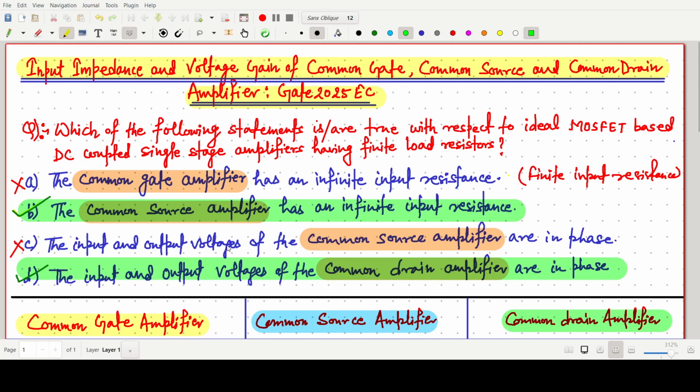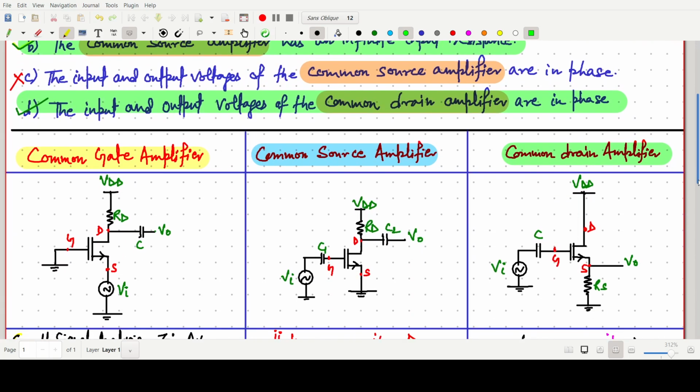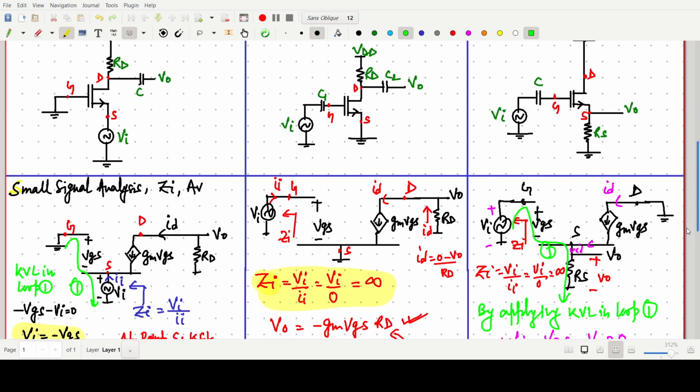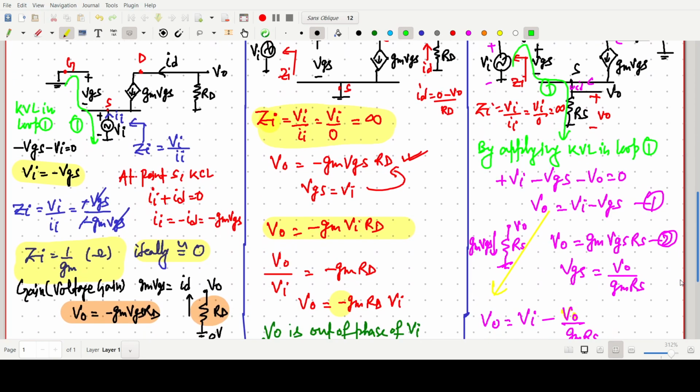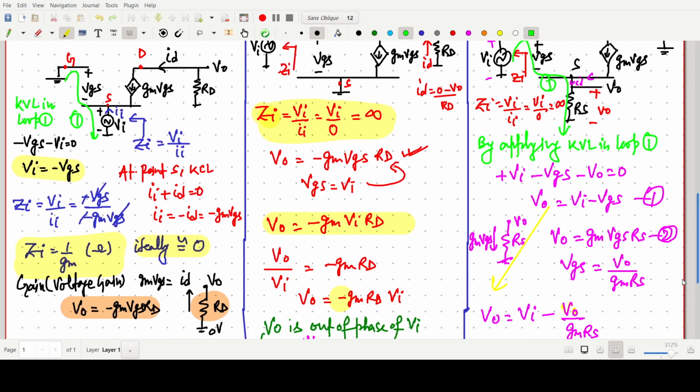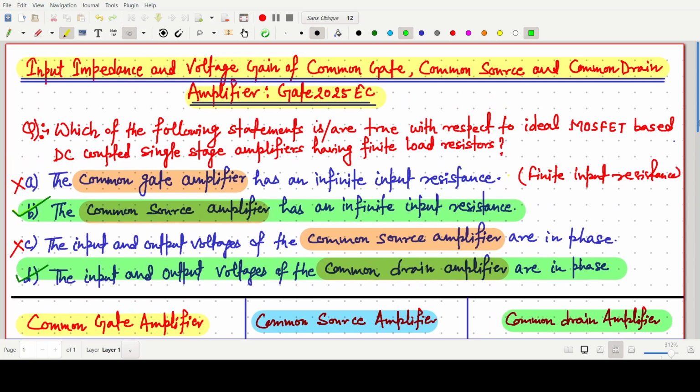So this is all about this question, but we have to know the basics. I have made a very simple diagram to solve this problem. Like that you can do a small signal analysis, then you can easily identify how to do the calculation. We have analyzed the circuit, and all three configurations: common gate, common source, common drain.